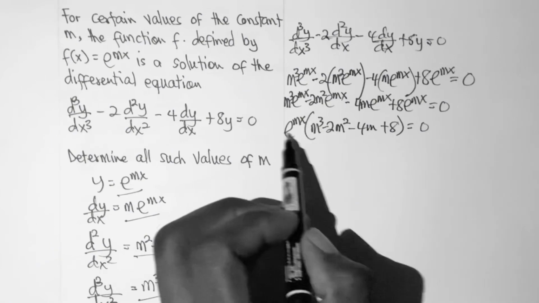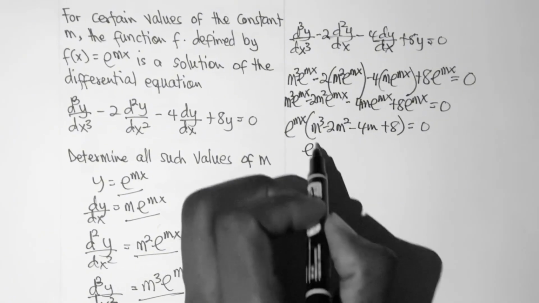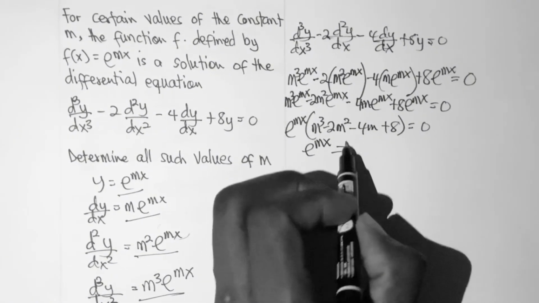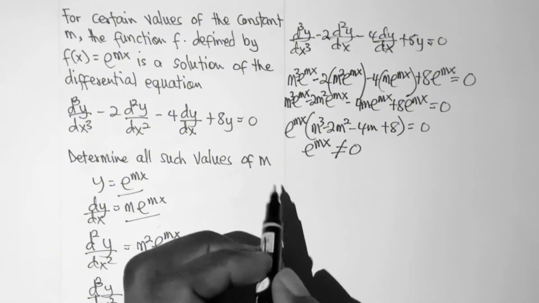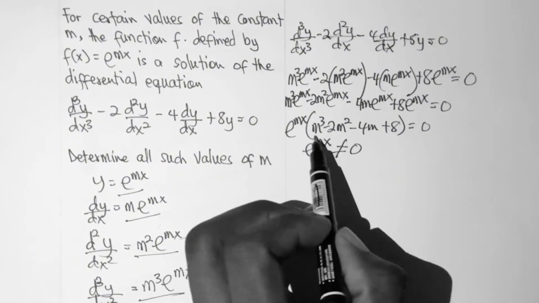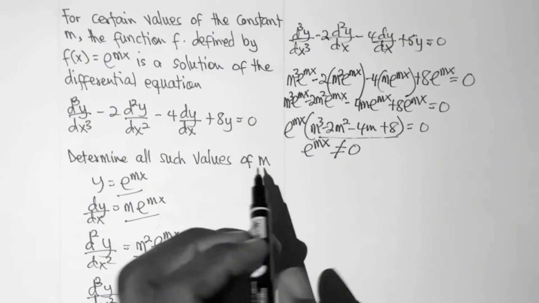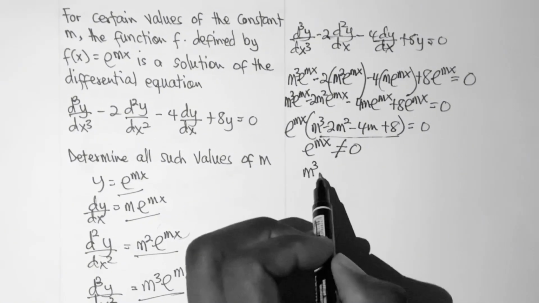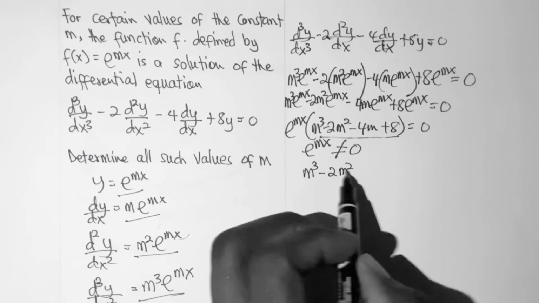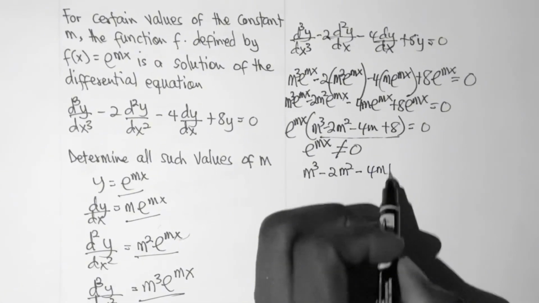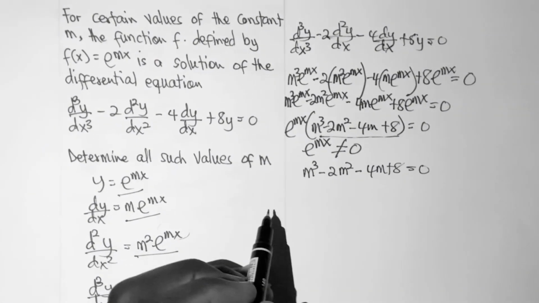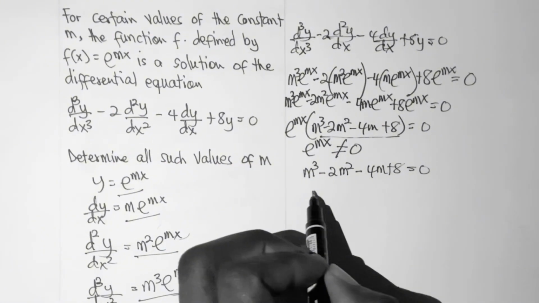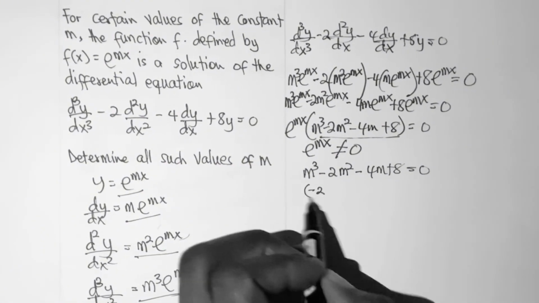Now, e^(mx) can never be 0. So the only thing that can be 0 is the bracket. So what we need to make this 0 is when m³ minus 2m² minus 4m plus 8 is equal to 0. So let's test, let's put in minus 2.